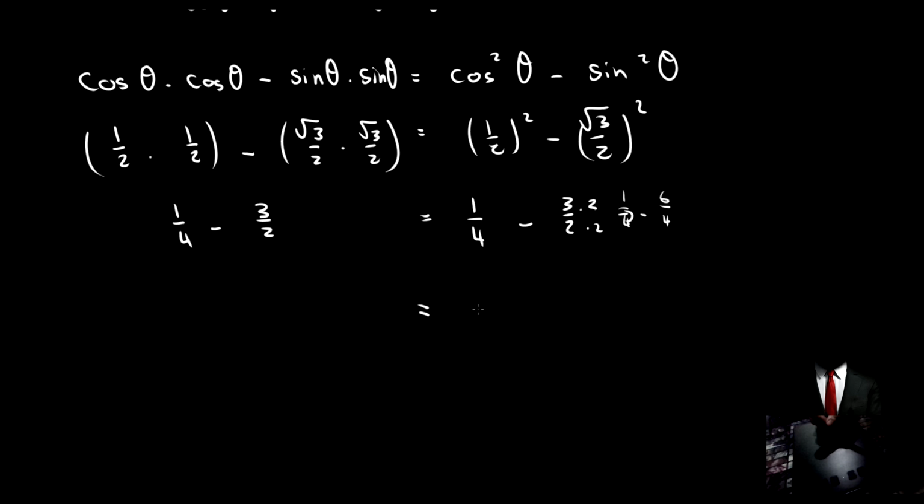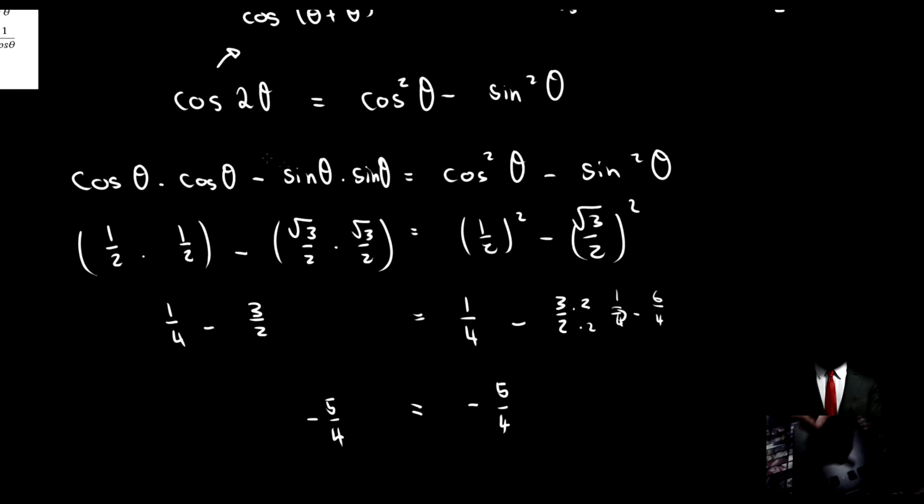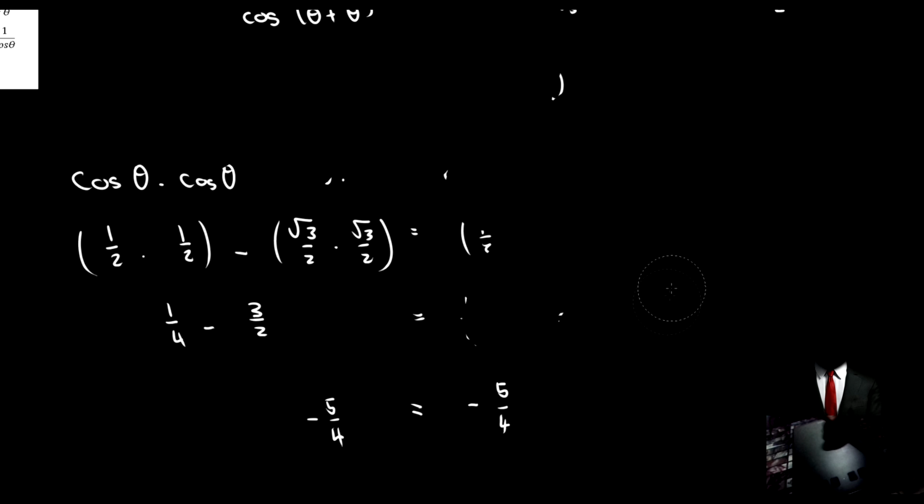So in this case, it's going to be negative 5 over 4, which is in fact equal to negative 5 over 4. Now, ideally, you could have seen that at this stage, the identity is already well on its way to being proven, right? It's already established. It's just a different form of writing it.